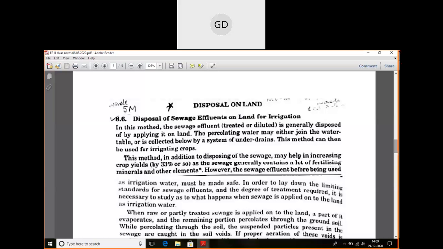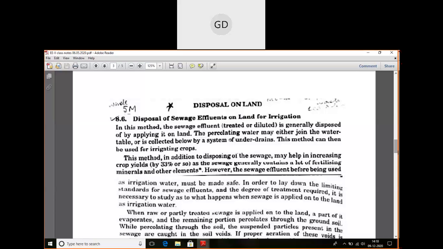So what happens is the percolating water, the water that is going through, may either join the water table, or one part may be collected below by a system of under drains. After that, this method can be used for irrigating crops.